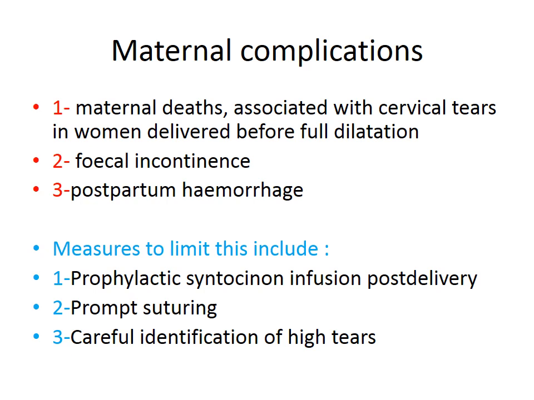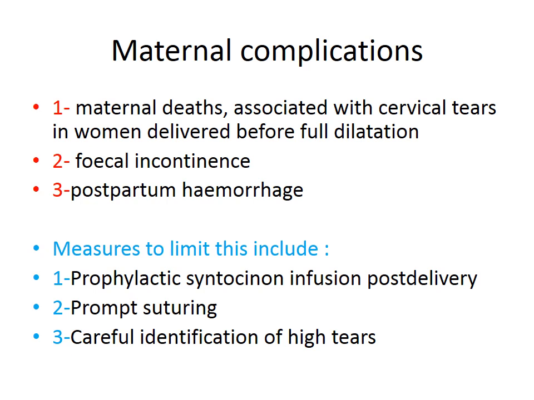The second possible complication is the occurrence of fecal incontinence, especially when the instrumental vaginal delivery is complicated by a third or fourth degree perineal tear. Of course, postpartum hemorrhage in the absence of any laceration might be a complication of instrumental vaginal deliveries.